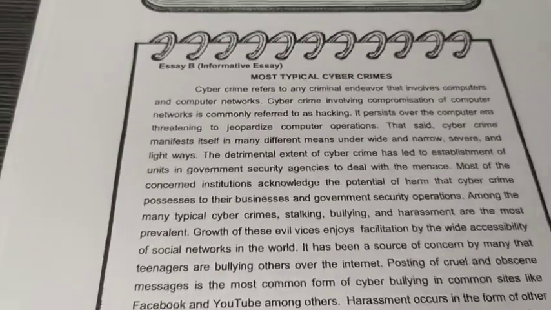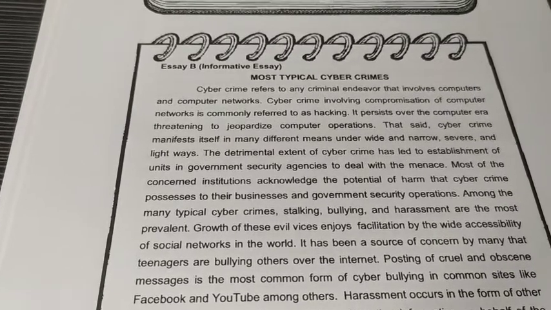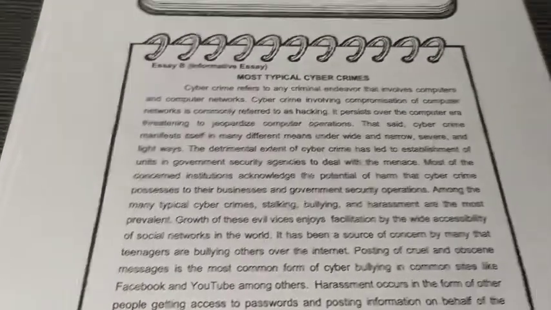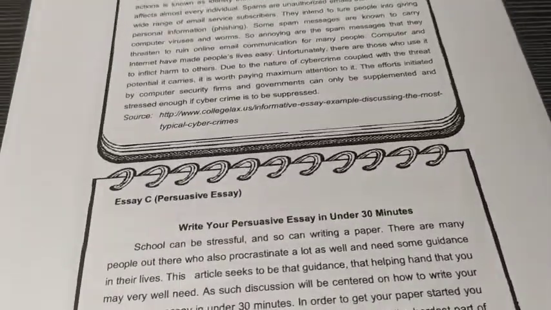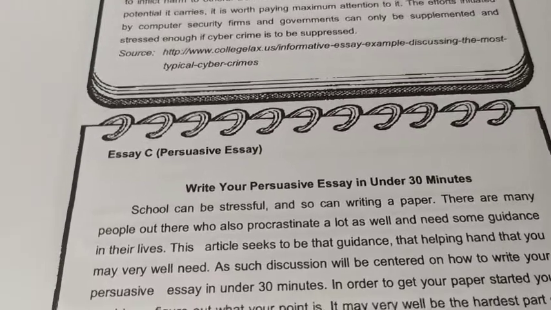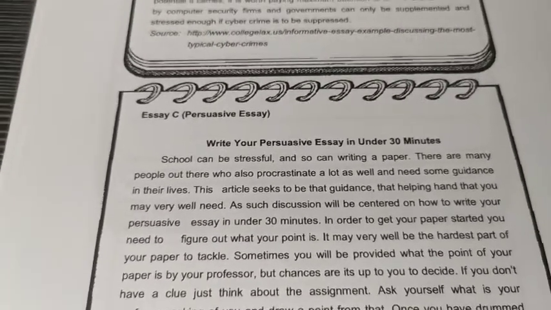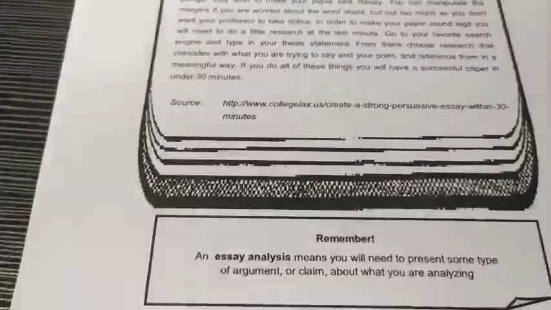During or after reading this, you will also think why it is an informative essay. Then the last essay will be the persuasive essay, Write Your Persuasive Essay in Under 30 Minutes. You will also identify why it is a persuasive essay.